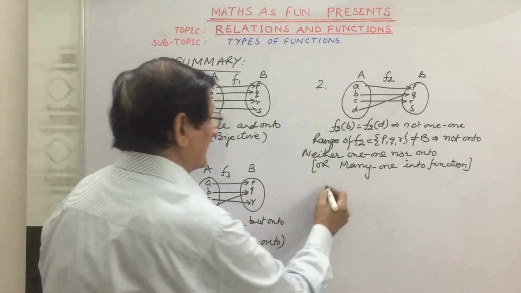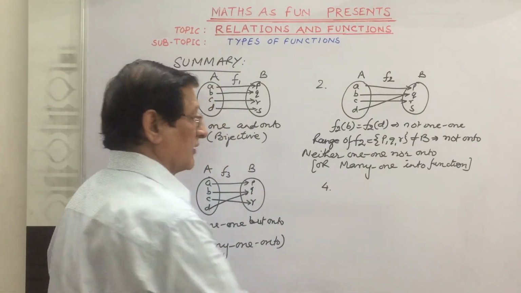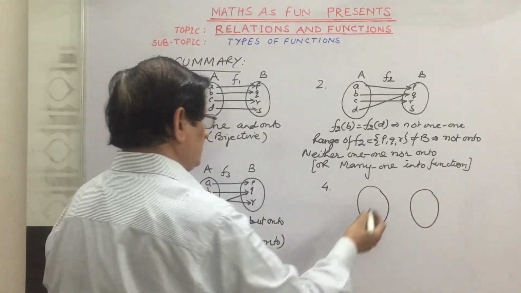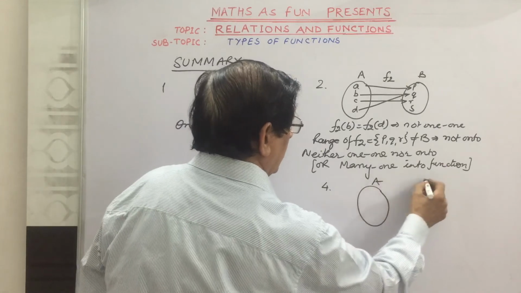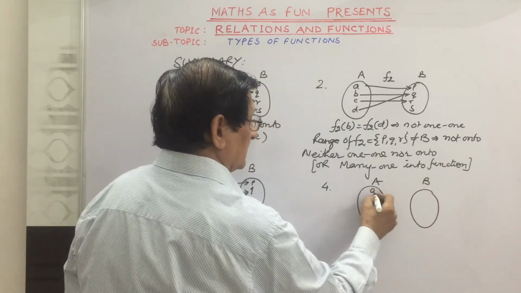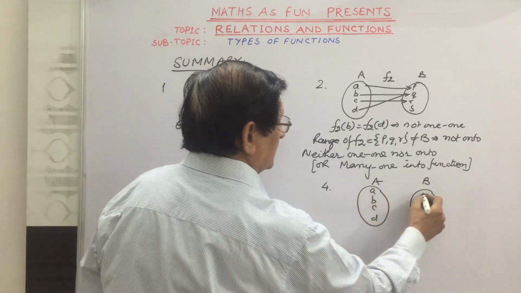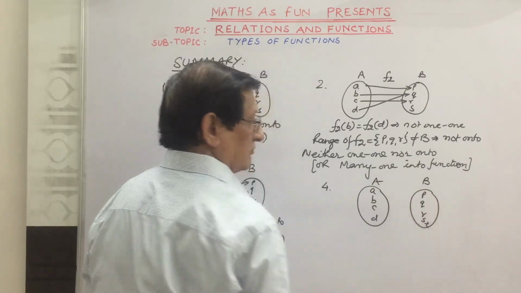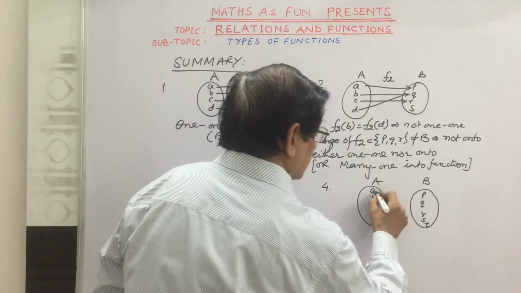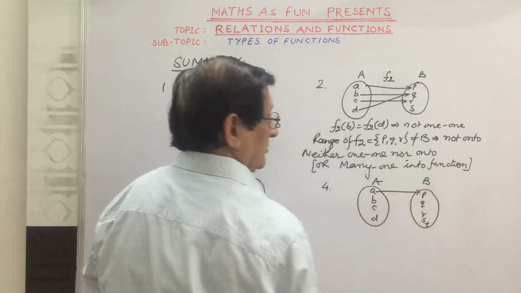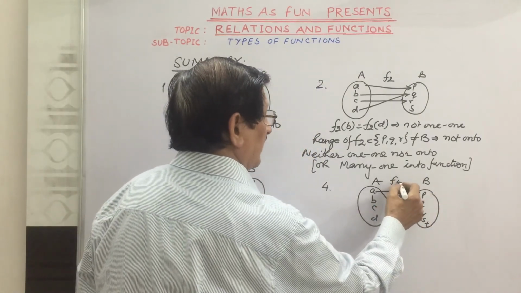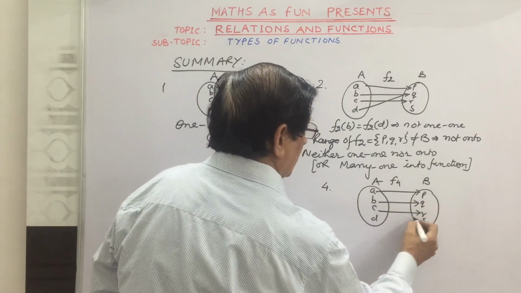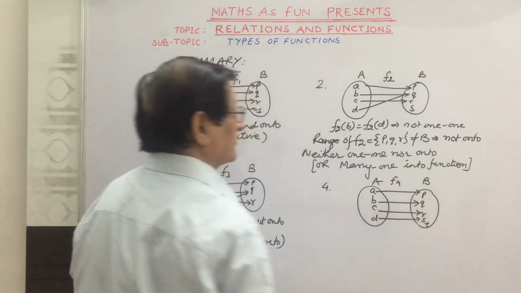Let's take one more example. Suppose A and B we have. This is having the elements a, b, c, d, and this is having the elements p, q, r, s and t. a is related to p. Suppose the function is f4, b to q, c to r, d to s.